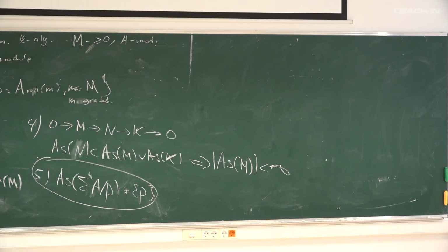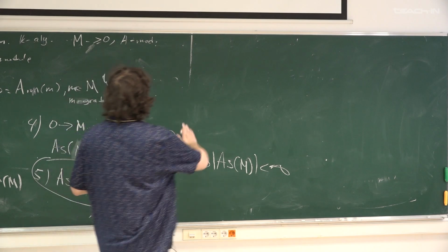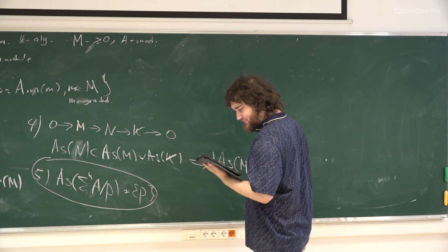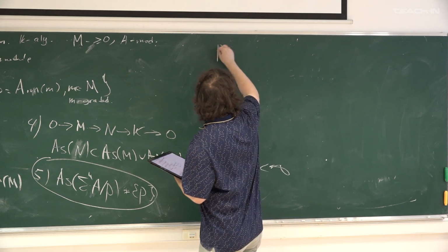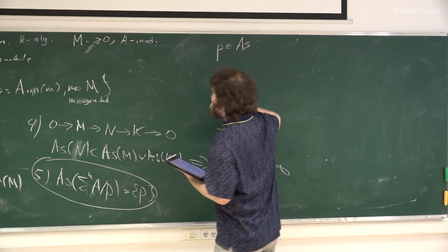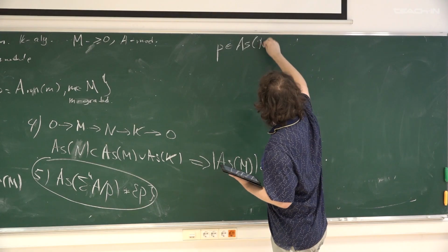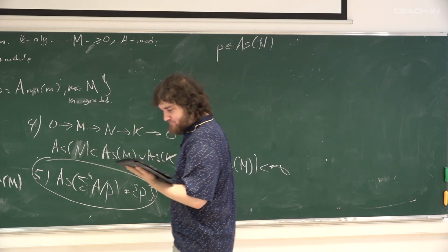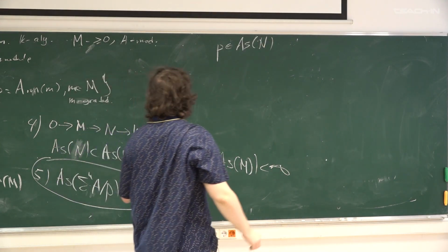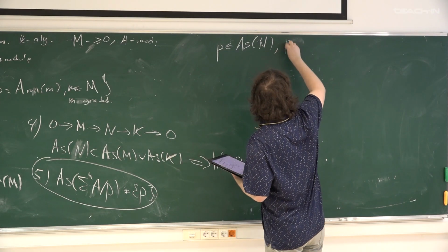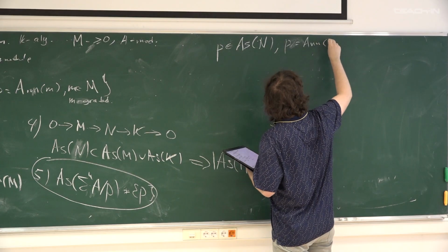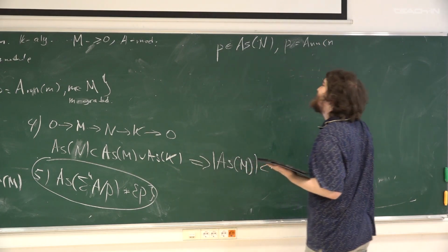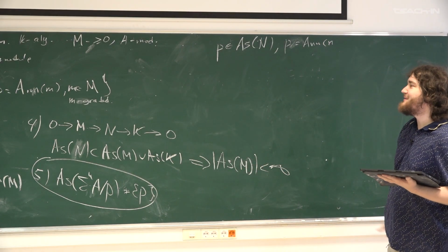Fourth property, we have the following thing. Now let P be from the associated primes of the middle term. So it's the annihilator of some n. I don't know if it's maximal; maybe the prime is not maximal.